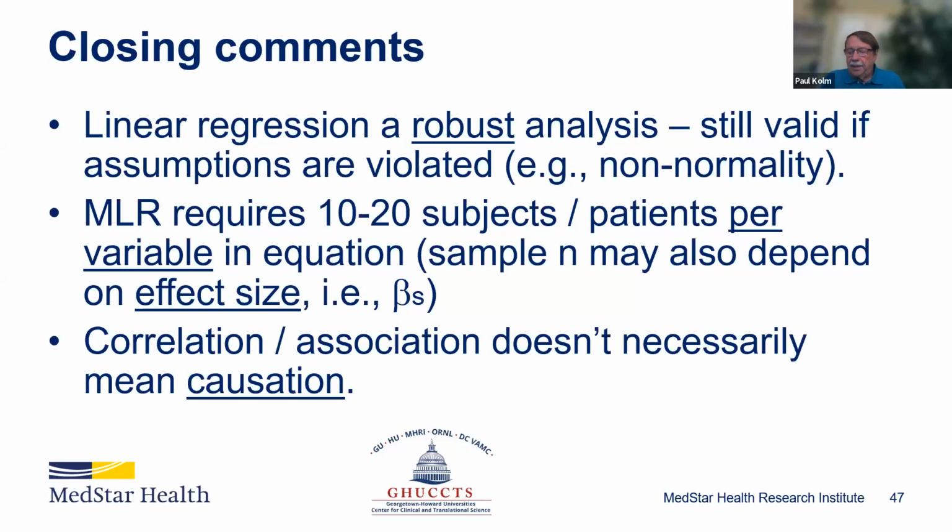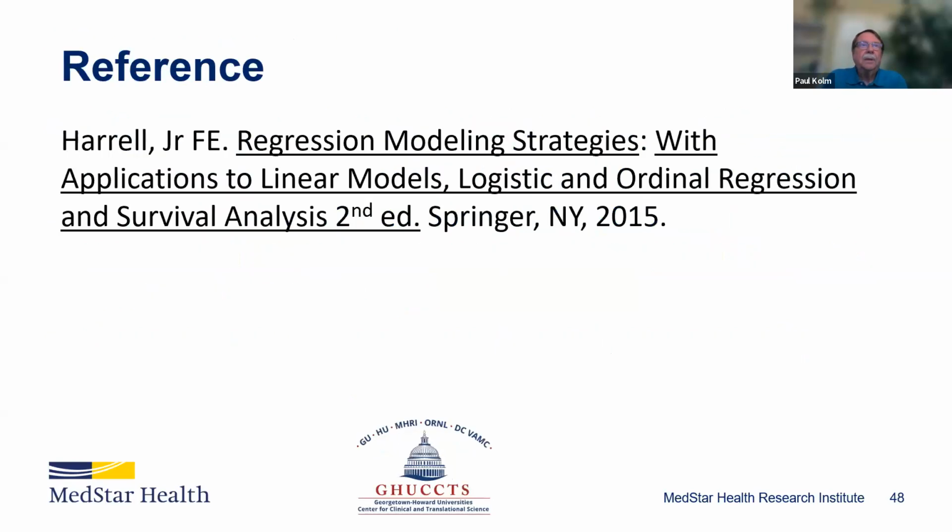So with that, I will stop. Well, not quite. There is one textbook that I think is really good on regression modeling, and that's the reference by Harrell, published back in 2015. It's the second edition. It's really good. It's readable, and it has a lot of computer syntax in R that shows you, from a practical standpoint, how to set up different models.